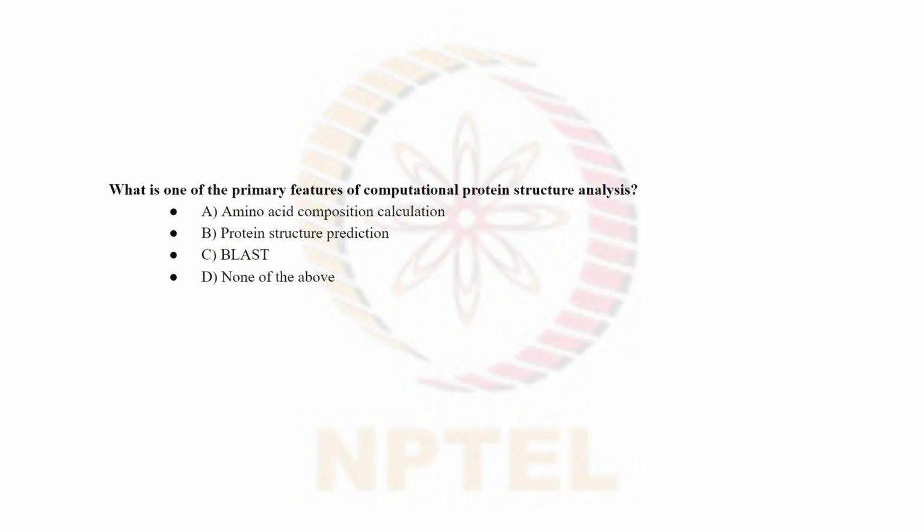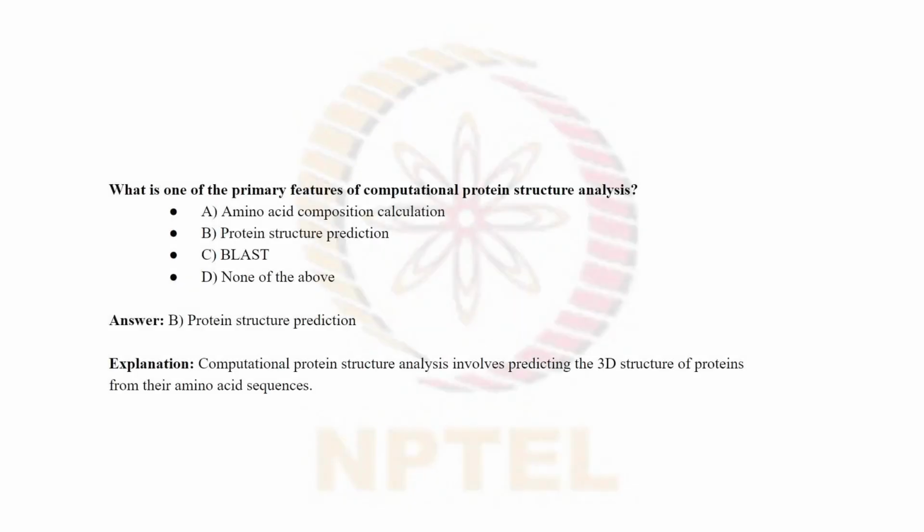The only option that deals with structure analysis is structure prediction. As we have discussed, one of the primary features of computational protein structure analysis is predicting the 3D structure of a protein from its amino acid sequence using several algorithms and computational methods, wherein we try to find the most energetically favorable native conformation of the protein.